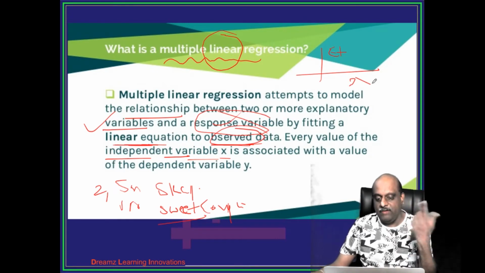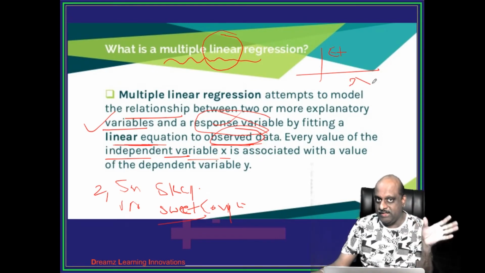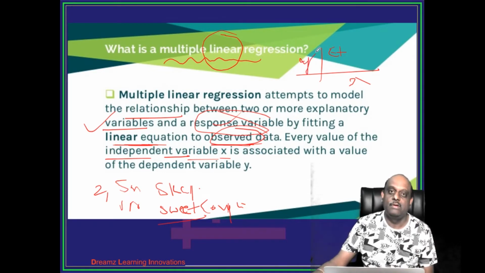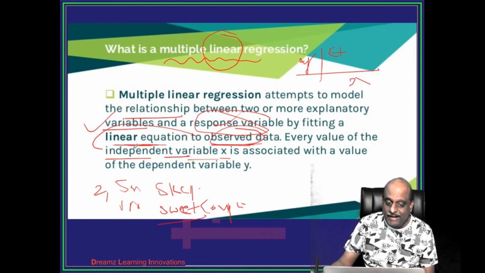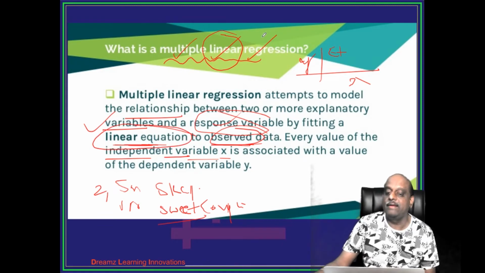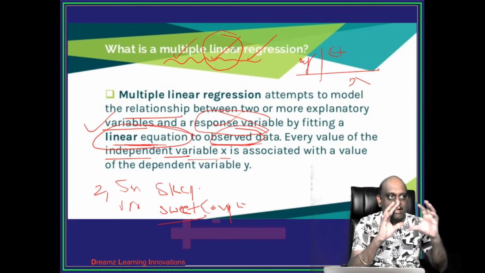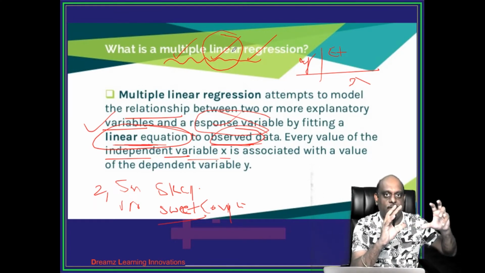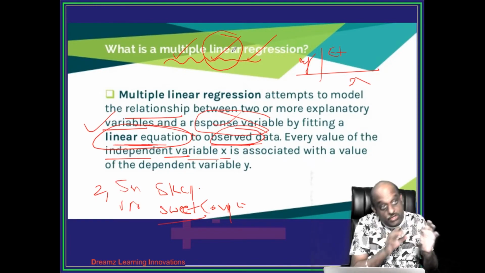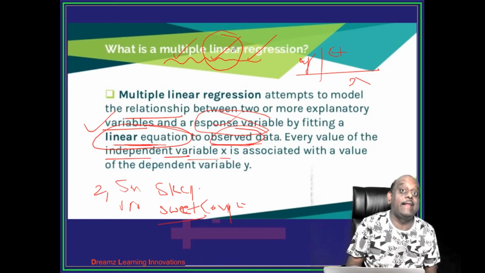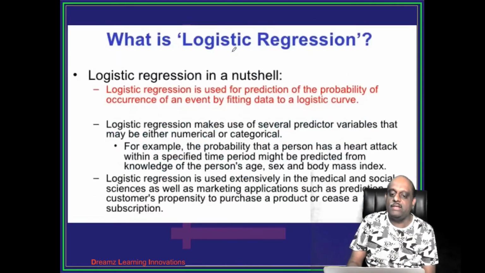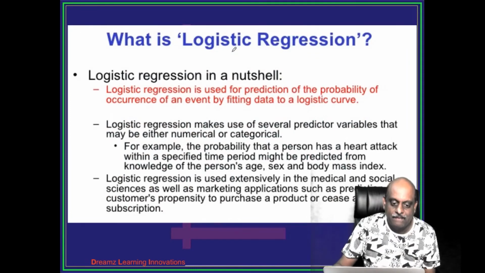And the dependent variable, that is his health, the variable you are testing, is plotted on the y. And you are using a linear equation, that is why it is called multiple linear regression. Based on that linear equation, in that observed data, you will draw an inference as to which among these factors is having a greater influence on the ultimate outcome. That is multiple linear regression.